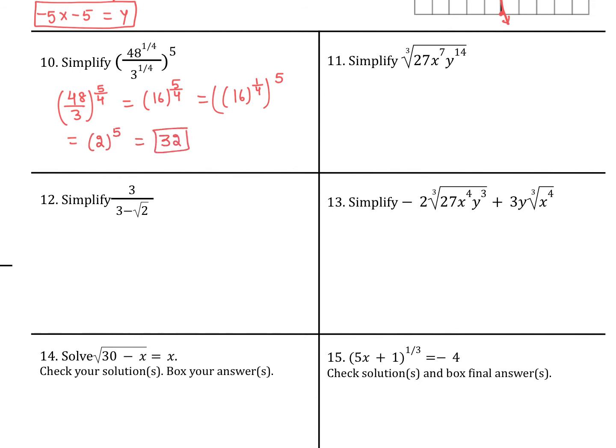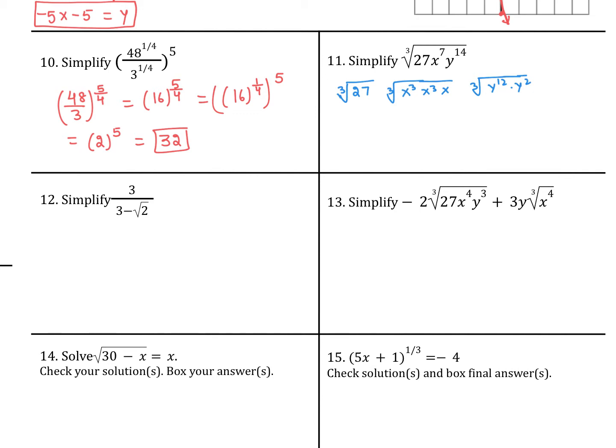Question number 11. We are going to separate the 27. Cube root of 27, cube root of x to the power 3, x to the power 3, and x. And then we have a cube root of y to the power 12 times y to the power 2.